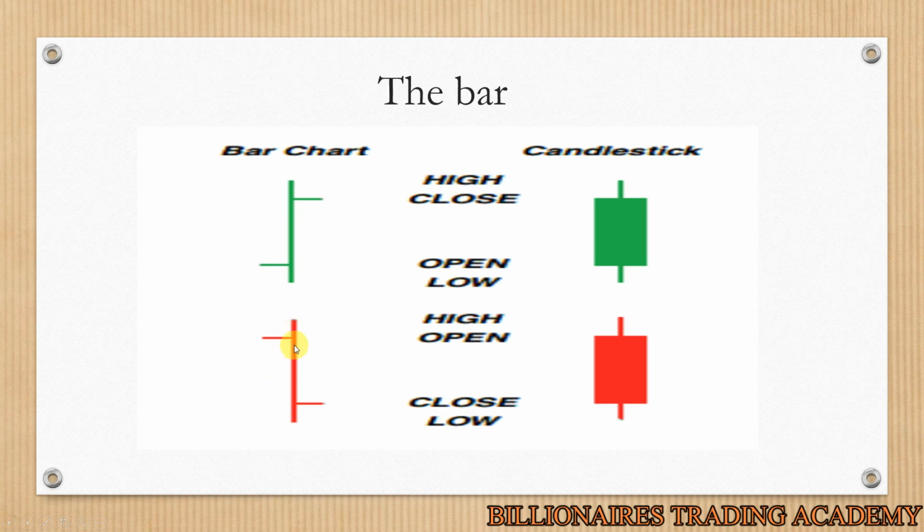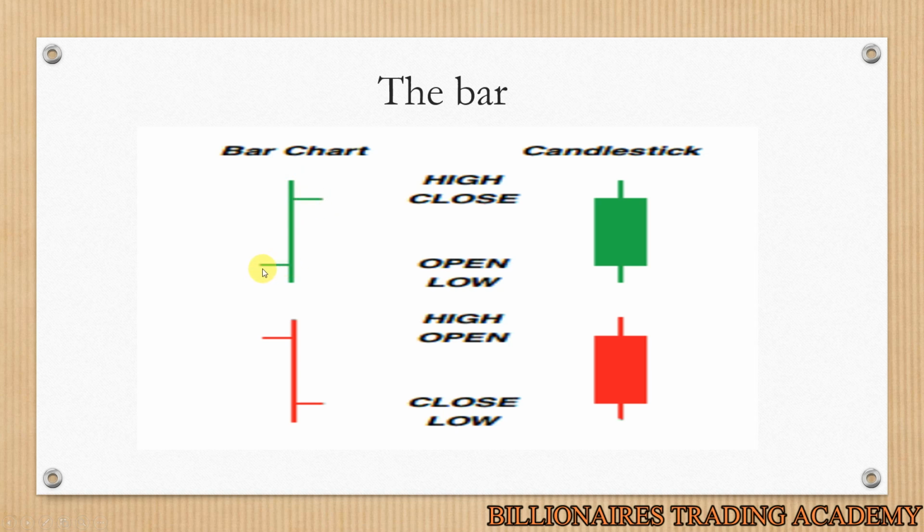It's the same with this one. With this one, the opening price is on the left and the closing price is on the right. But these two are different. We have this one, the opening price is lower than the closing price.